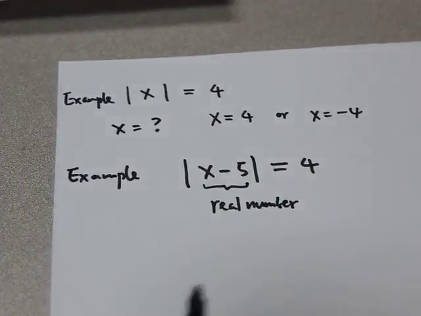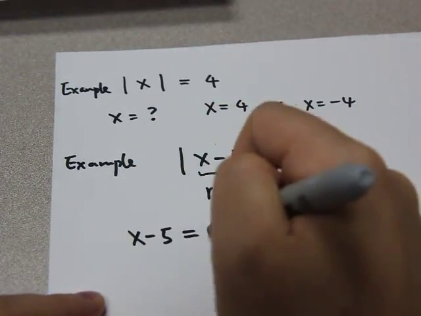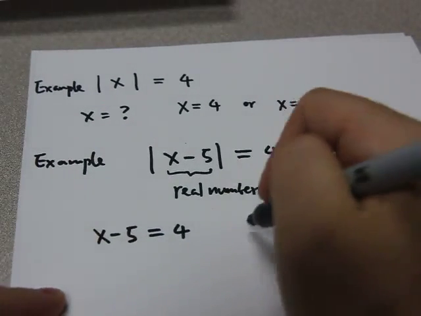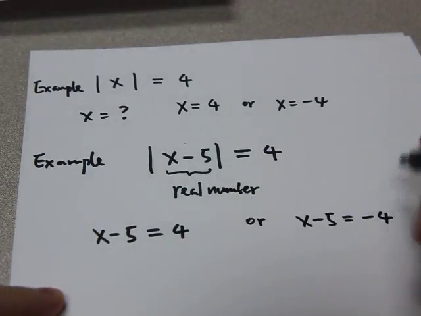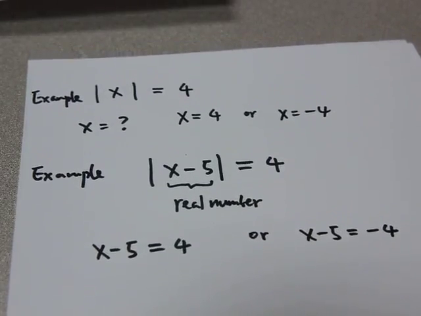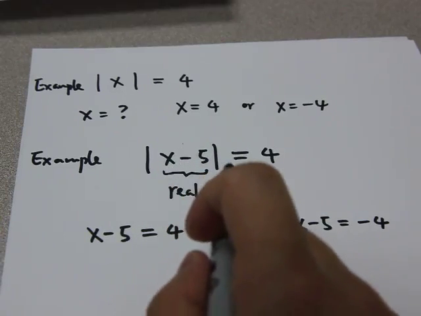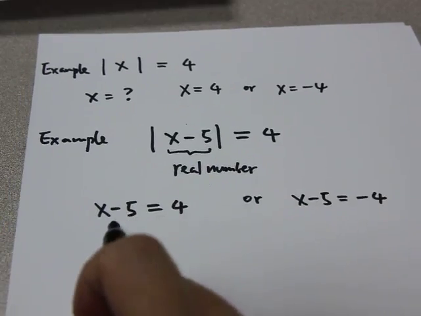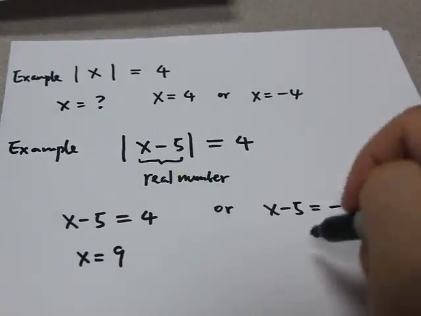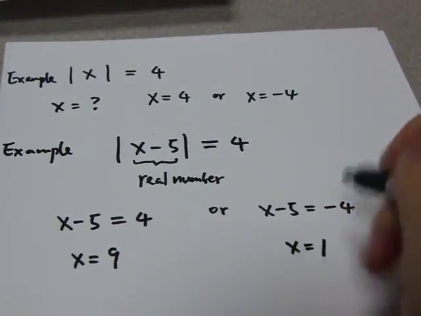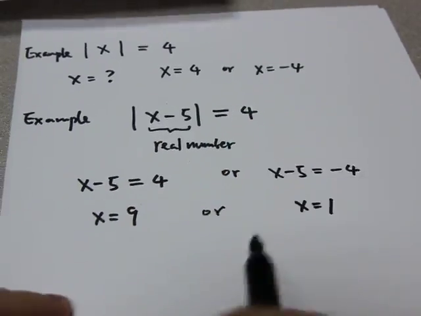So we know we have two possibilities. One is this real number equals 4. Another possibility is this real number equals negative 4. So from this absolute value equation, we can generate these two equations. And by solving each of the two equations, we can get the solution. So the solution is x equals 9 or x equals 1.